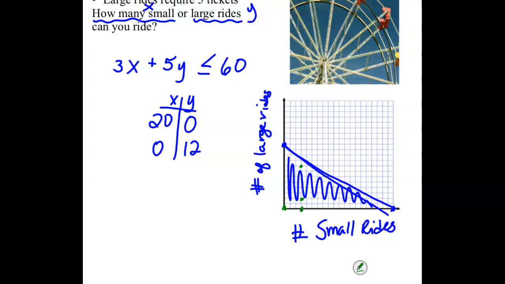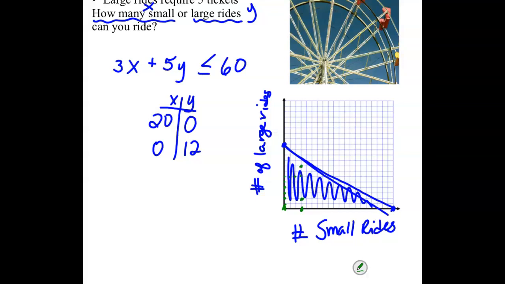Can I go on 2.5 small rides? So in this case, the accurate drawing would be a dot on each of these corners, filling this whole thing in with just dots on the corners. But that's a lot of dots, right? So we do shade it to say everything below here works.